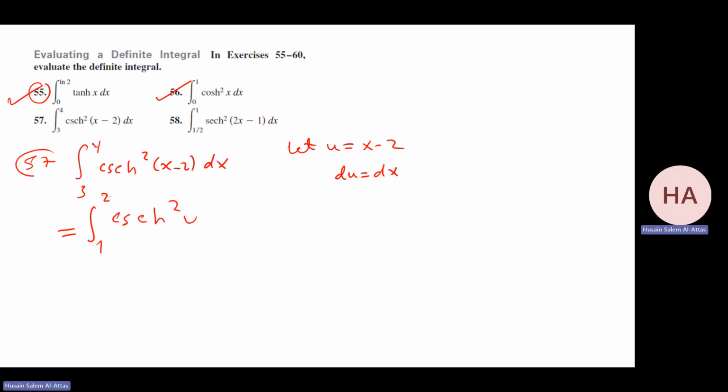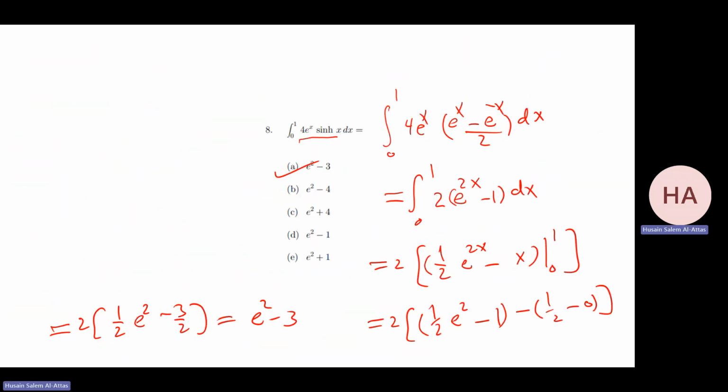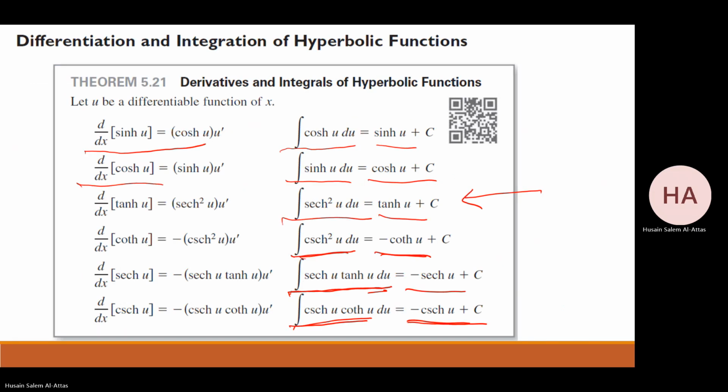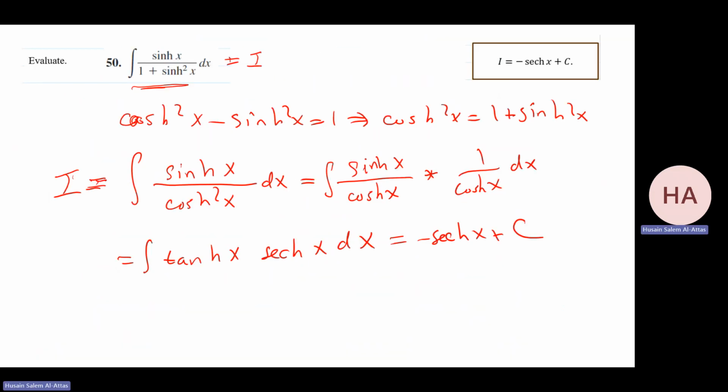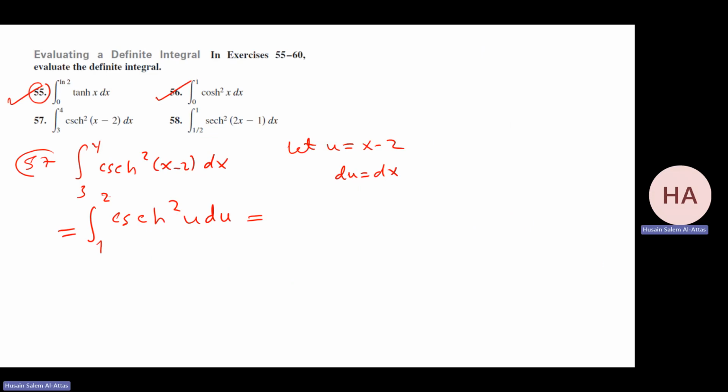Cosecant hyperbolic square u du, which I know is, formulas, minus cotan hyperbolic u from 1 to 2. So it's minus cotan hyperbolic 2 minus cotan hyperbolic 1. You can leave it like this.